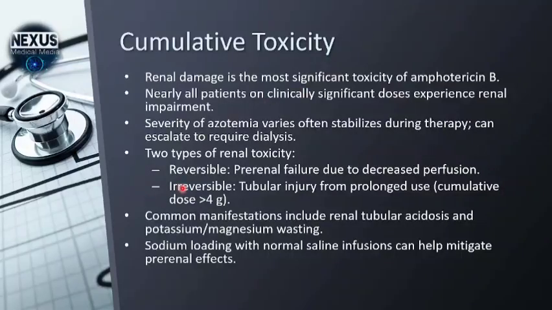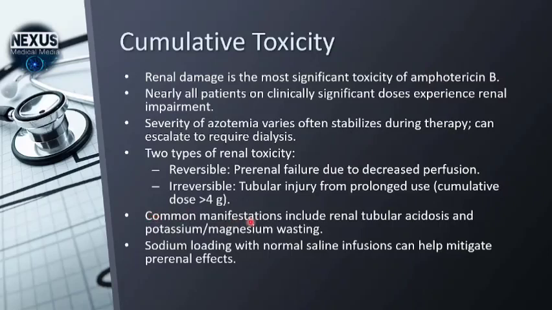Another type is called irreversible, right? So this is irreversible tubular injury from prolonged use of the drug, especially if you are using more than 4 grams per day, and using that for a long time, it could actually lead to irreversible tubular injury, right?